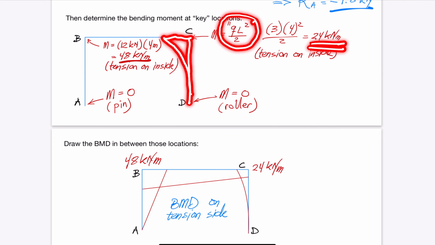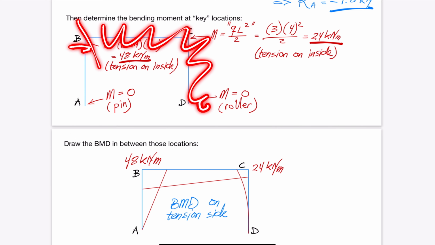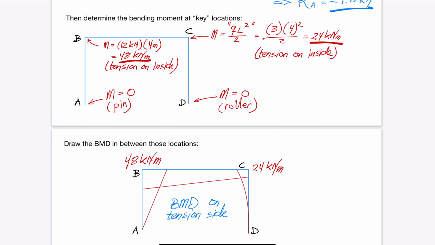The bending moment at B is calculated in a similar fashion. We cut the frame at point B and hold member AB with our hand at point B. The only force acting perpendicular to this member is the leftwards acting reaction force at point A. The force is 12 kN and the length of the column is 4 meters. As a result, the bending moment at point B is 48 kNm.